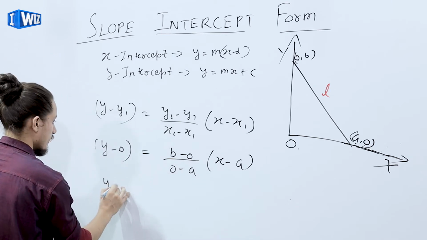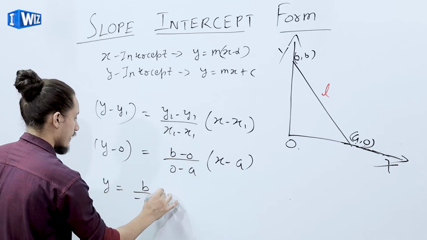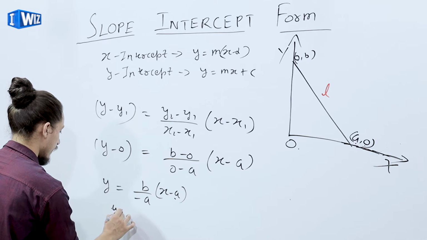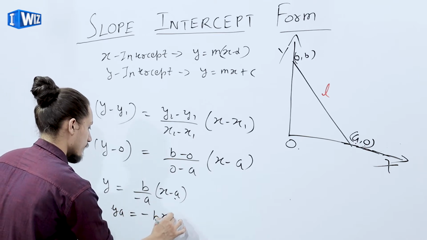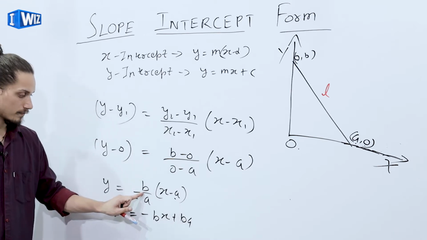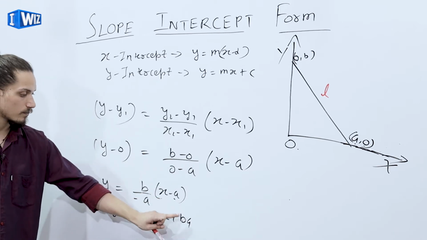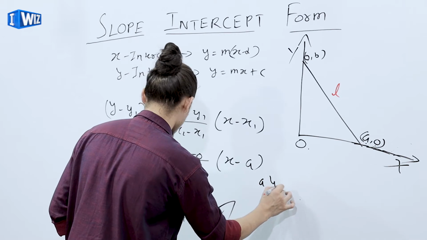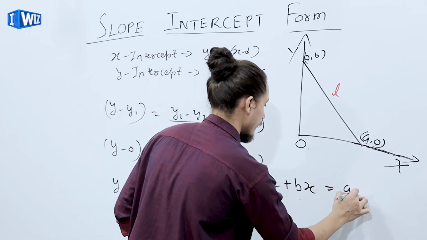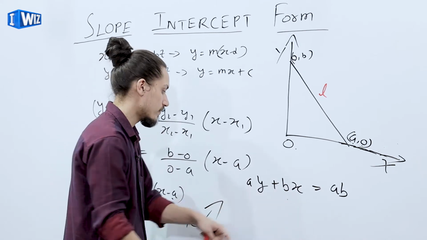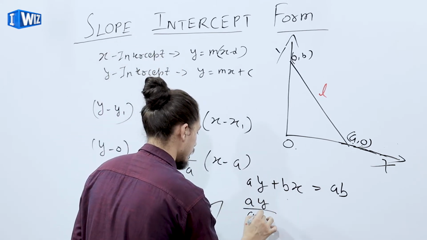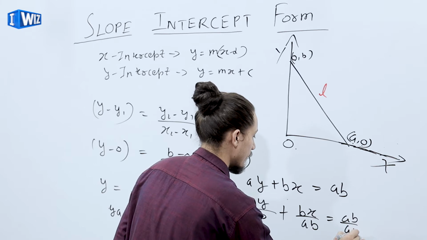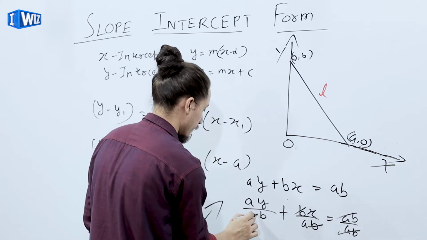So we get y is equal to b upon minus a, x minus a. क्रॉस मल्टीप्लाई कर दिया, we get y a is equal to minus b times x minus a. अब यहाँ पे नेगेटिव साइन था, माइनस बी के साथ ब्रैकेट ओपन करा, we get minus bx and positive ba. So rearranging this equation we get ay plus bx is equal to ab. Now dividing every term by ab we get ay upon ab plus bx upon ab is equal to ab upon ab. ab से ab कैंसल, b से b कैंसल और यहाँ पे a से a कैंसल.